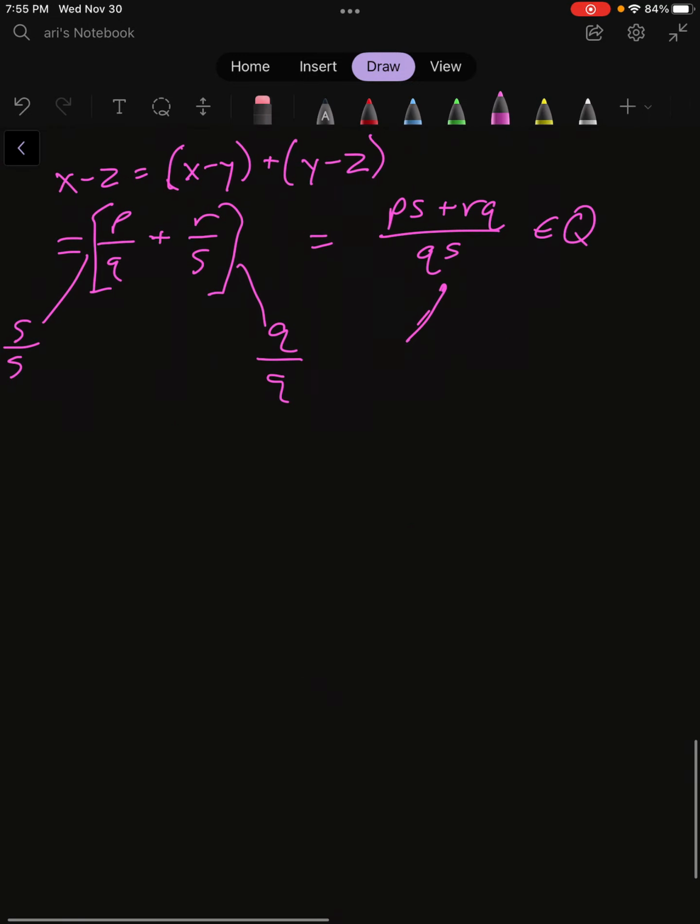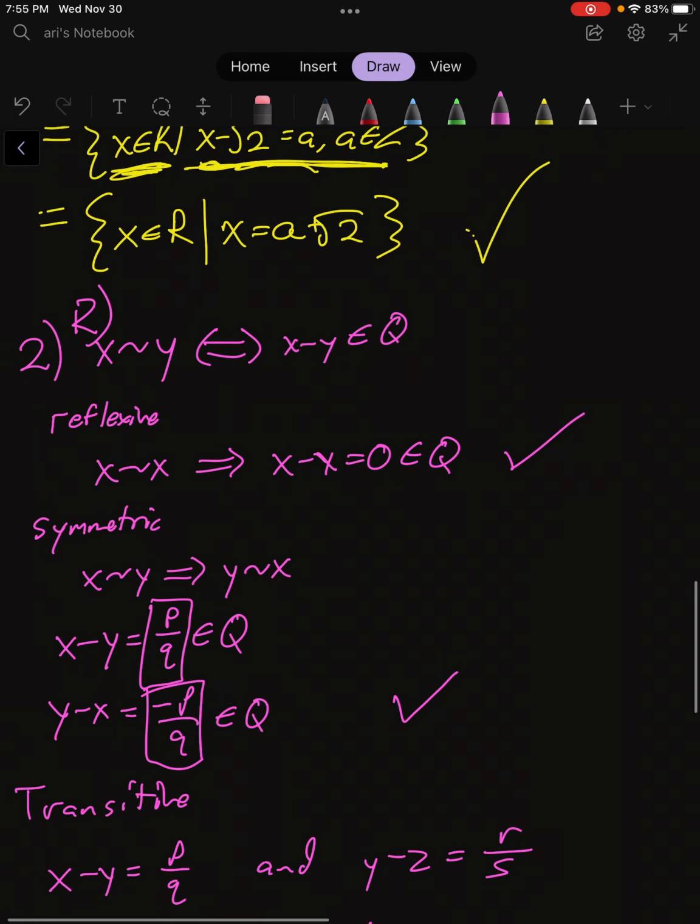Cool. Okay, now let's talk about some equivalence classes. I do feel like this problem is very similar to problem 1, so I feel weird doing all this work. But the equivalence class of 0 is going to be, here we want x in R again. Remember we said that R is the universe that we're working with.